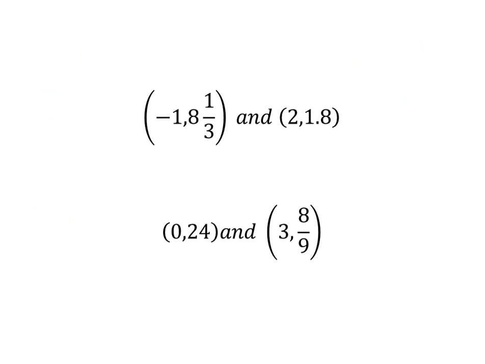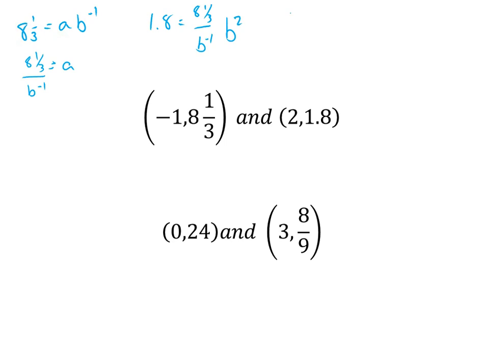All right, now looking at this one. For this first one, we set up 8 1/3 is equal to a b to the negative 1. We solve for a: a is equal to 8 1/3 all over b to the negative 1. Now we plug this into the next one, which would be 1.8 is equal to 8 1/3 all over b to the negative 1 times b squared.